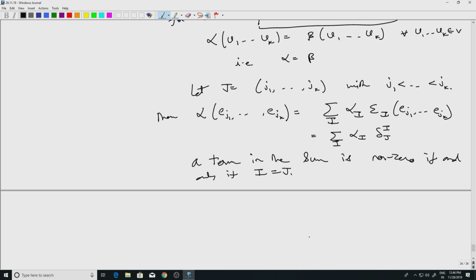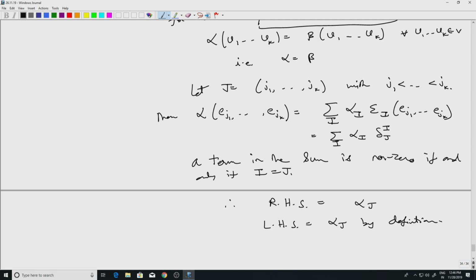Therefore, the right hand side equals alpha_J, and the left hand side equals alpha_J by definition.